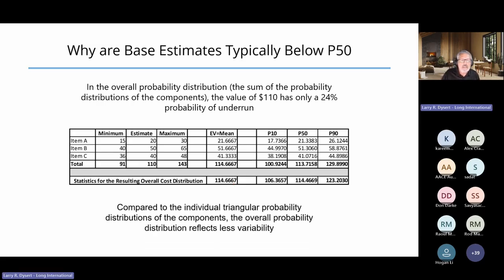So in comparison to the triangular distributions here, what's happened is this overall probability distribution has narrowed in range. If I simply added up the P10 values, I'd have a range of 100 to 130. But the actual overall distribution between the P10 and the P90 value at that overall level is between 106 and 123.